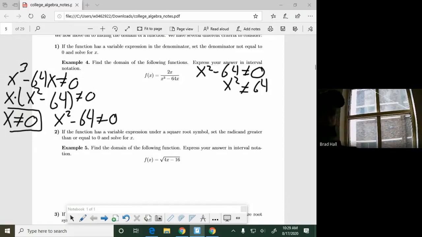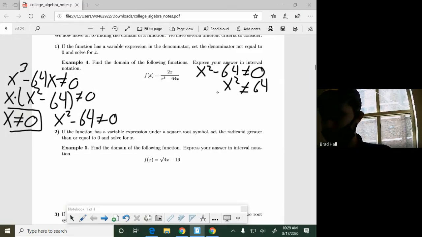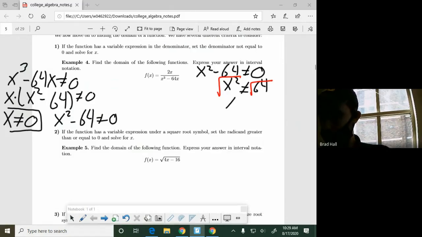And then we take the square root to get rid of the square on the x. So you might think, all right, the square root of 64 is just 8, and we're done.